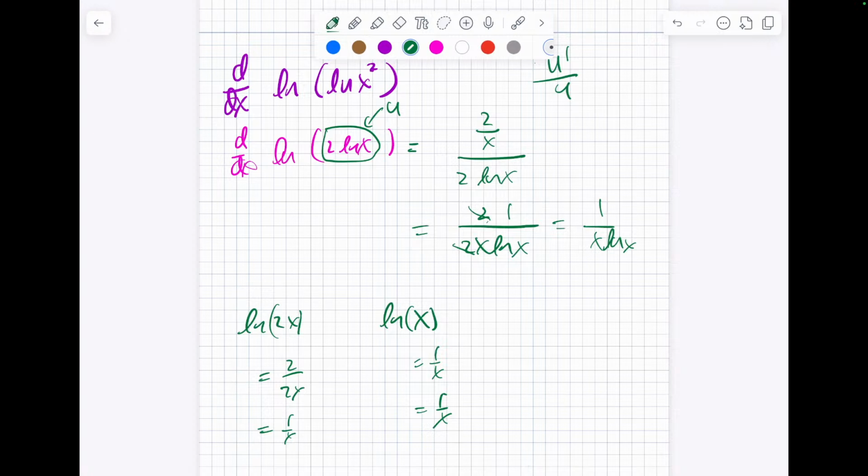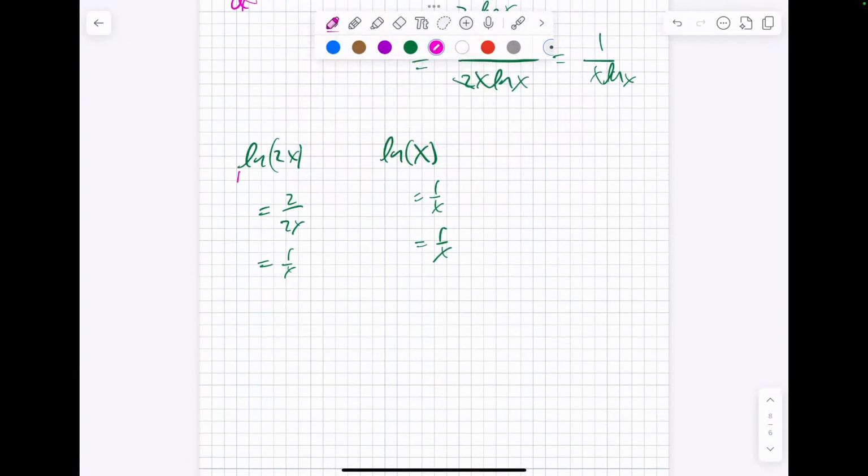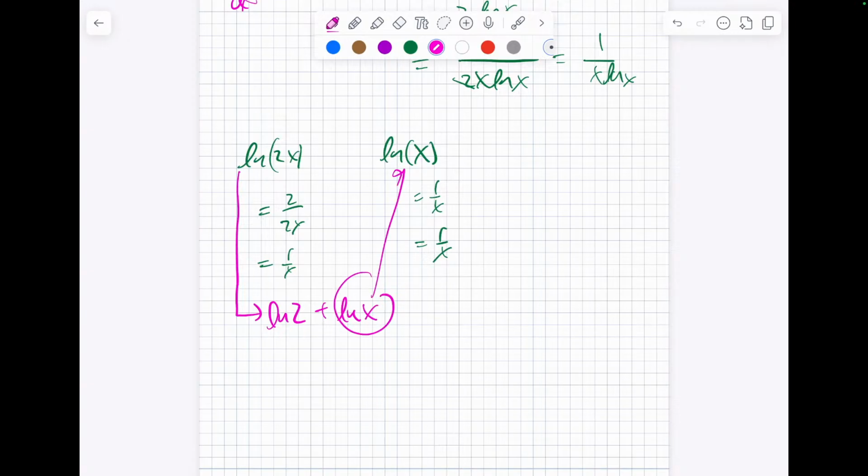No. Is it because it's ln of 2 plus ln of x? Yeah. So she was right, because this one is ln of 2 plus ln of x. If you take the derivative of ln of 2, it's 0. And therefore, it's essentially the same. Okay, so that you need to know.